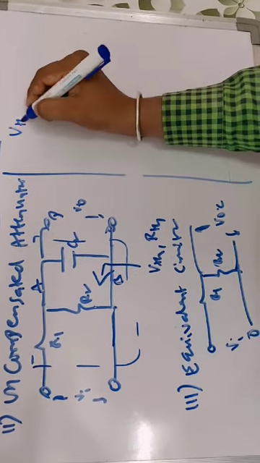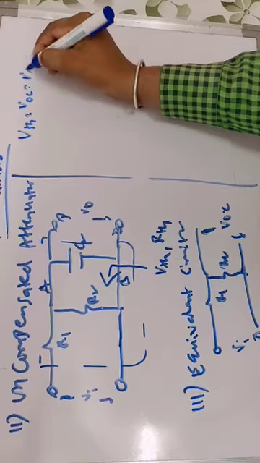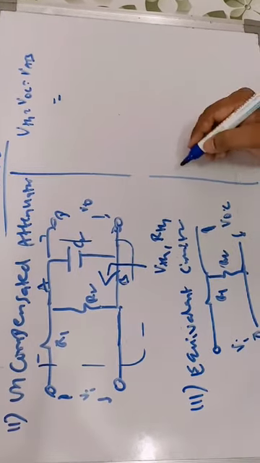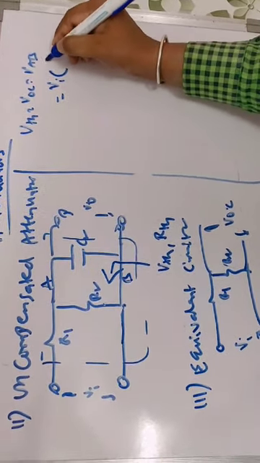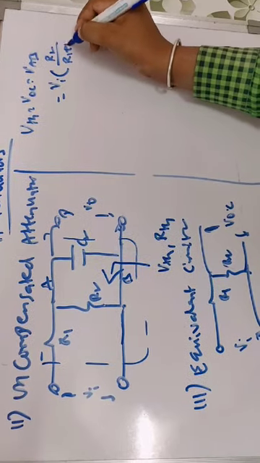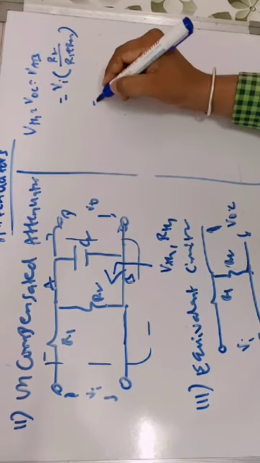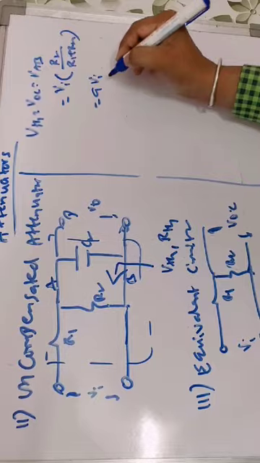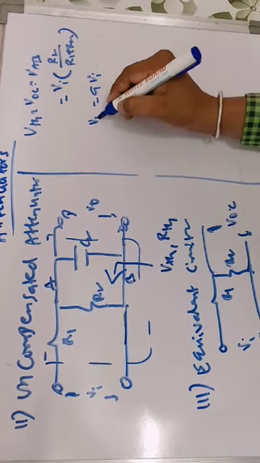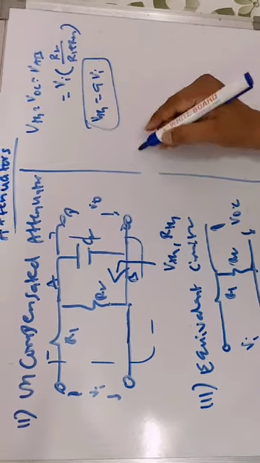VThevenin, or open circuit voltage, is the voltage between the terminals AB, and it is the total voltage times the same resistance divided by the sum of the resistors. We know R2 by R1 plus R2 is A, the attenuation proportionality constant, and that is VTH. How to find RTH?